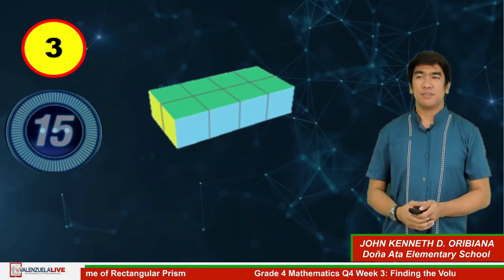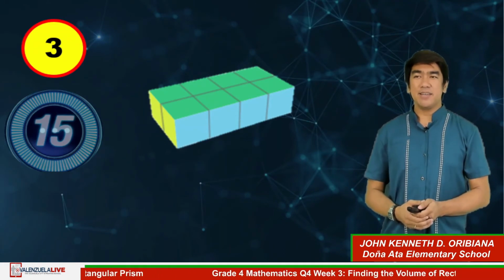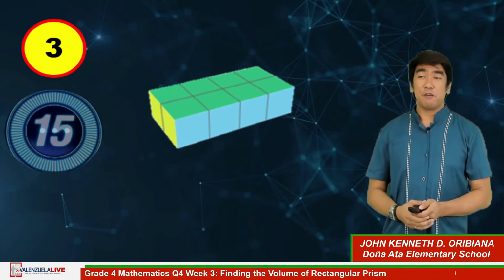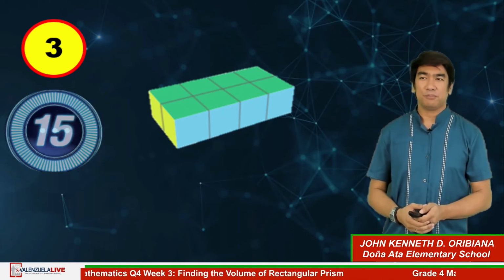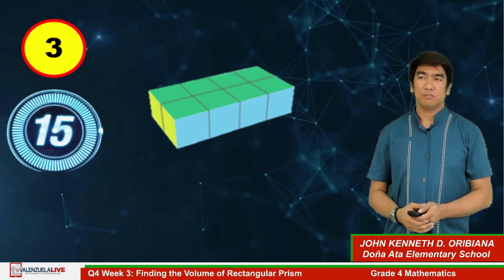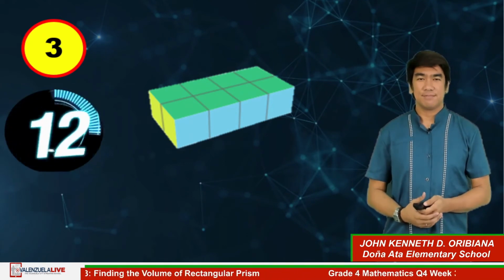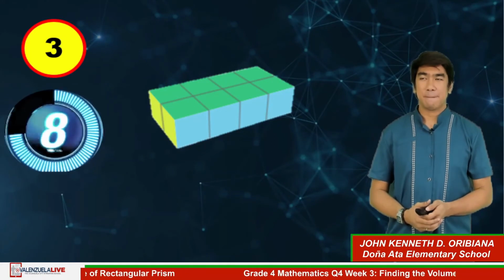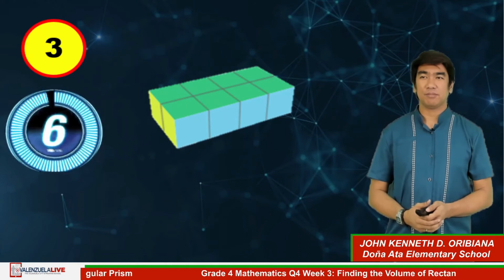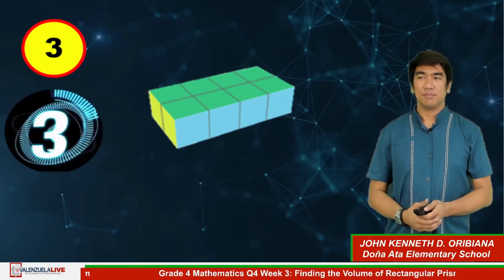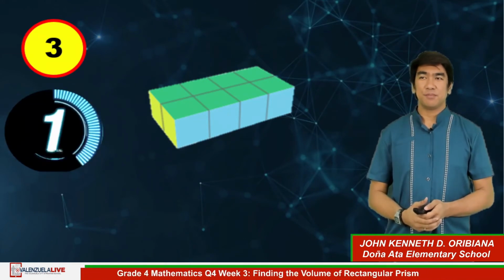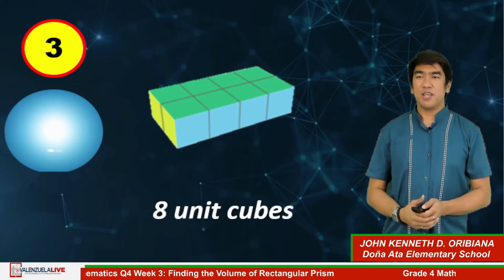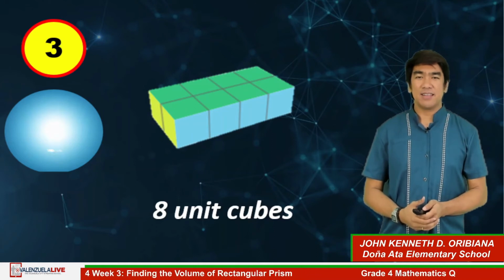Next figure. How many unit cubes are there in this figure? Your 15 seconds starts now. Time's up. If you got 8 unit cubes, then you got the correct answer.